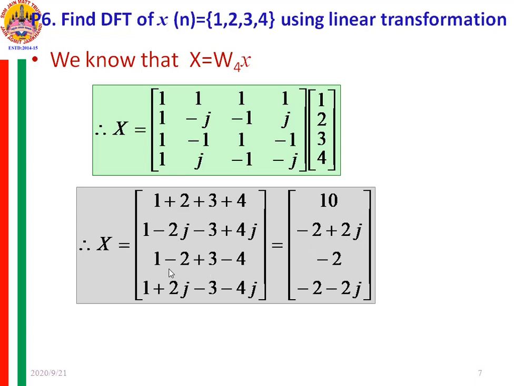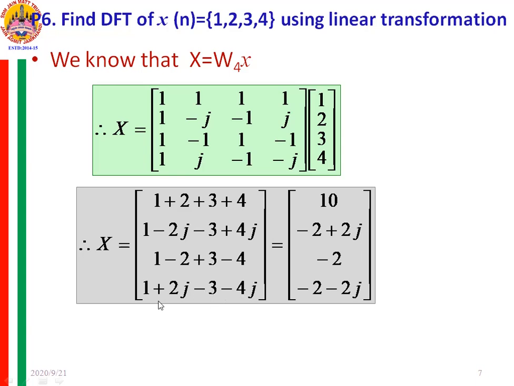Now for the third row, you multiply with this column and add all the points, and you get 1 minus 2 plus 3 minus 4. So the addition of all these is minus 2. Now for the last row, when you multiply with this column, you get 1 plus 2j minus 3 minus 4j.